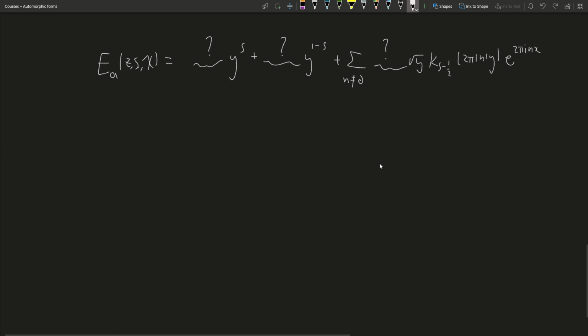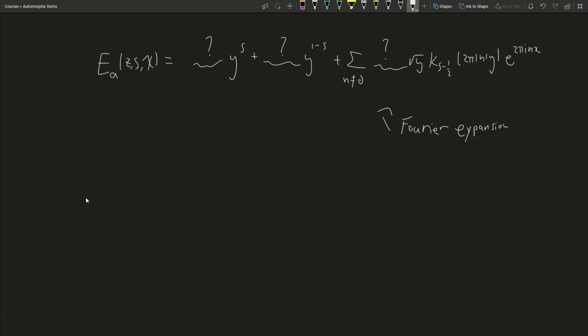And this Fourier expansion is a lot easier to write down if you write it down the way that Young does it. And this is less common. Pretty much always when people talk about Eisenstein series, they talk about Eisenstein series attached to cusps like this. But Young does all of his calculations with Eisenstein series attached to characters.